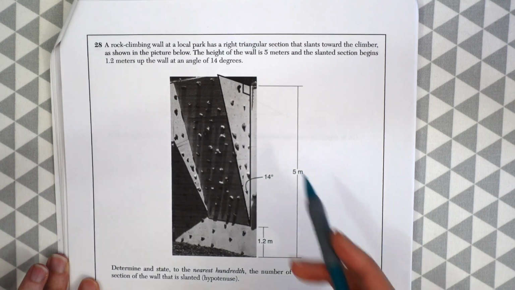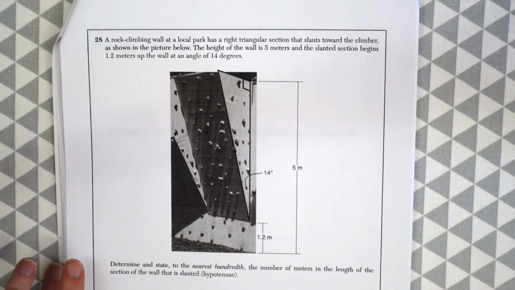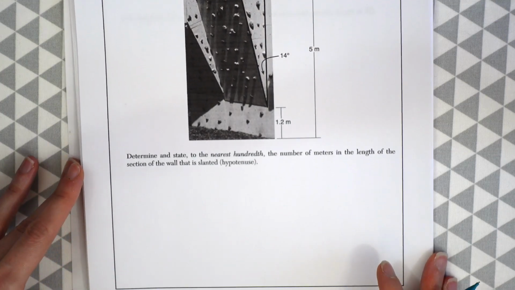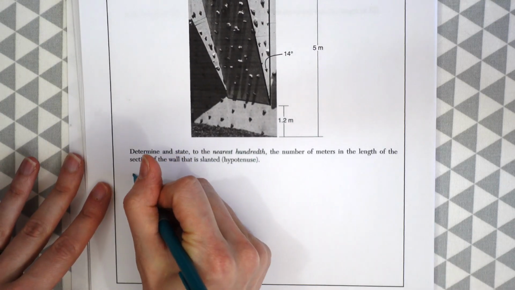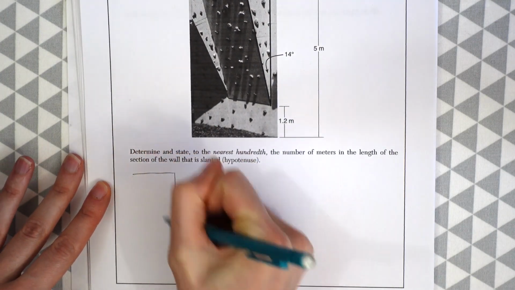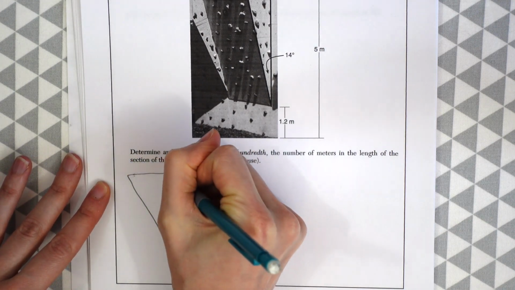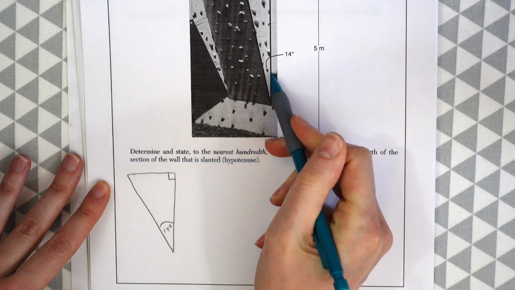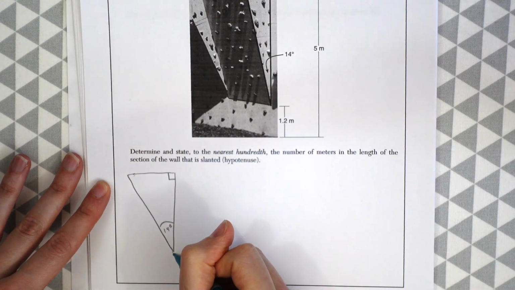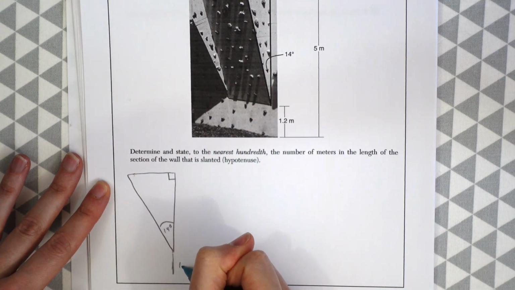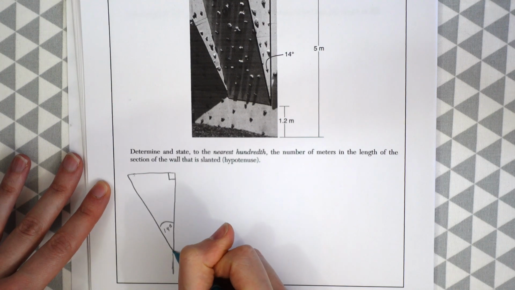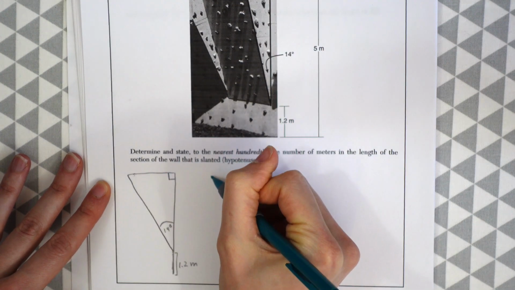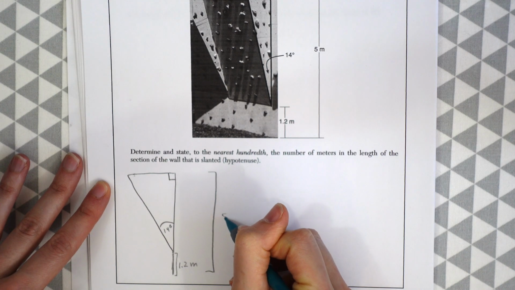This picture is a little confusing to look at because it is a real world picture. So I'm just going to draw it down here. What we have here is the right angle, and here is 14 degrees. And then they extend this section saying this is 1.2 meters this way. And then this whole thing is 5 meters.